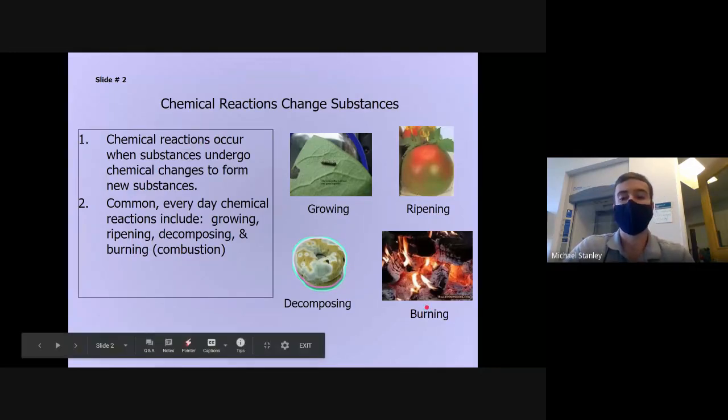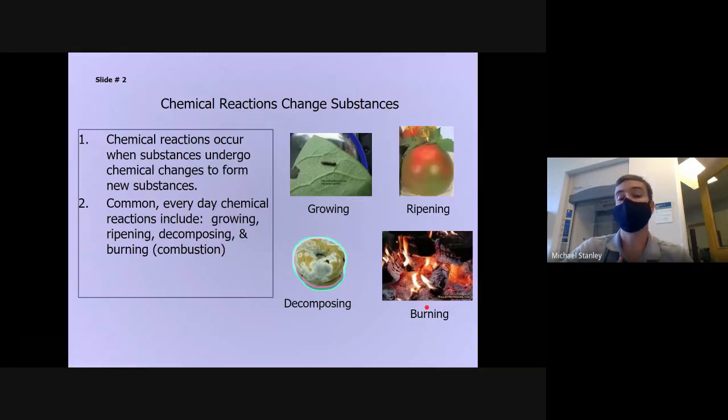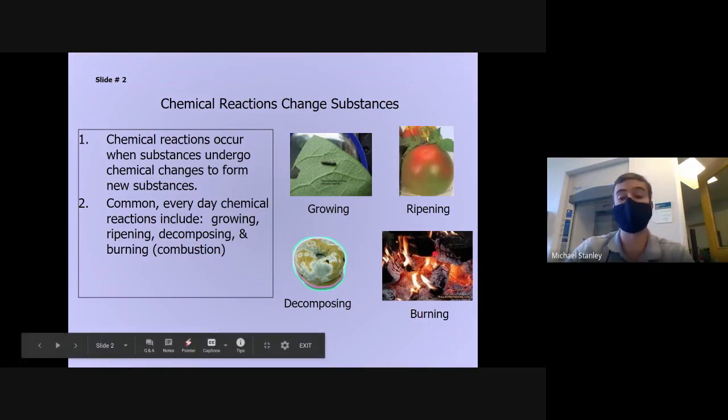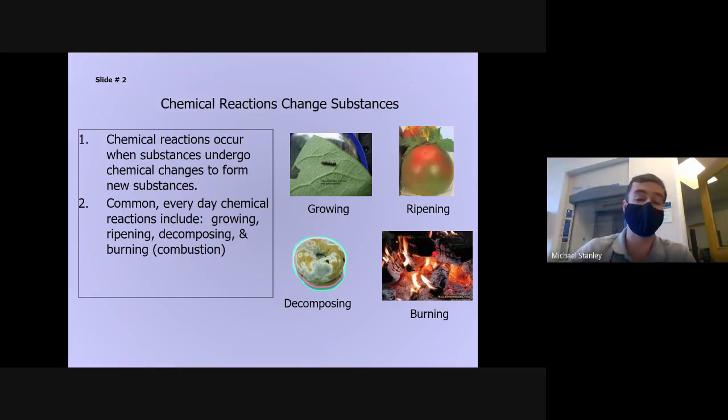In this case, we're taking wood and turning it into smoke and ash. The smoke coming up out of the fire is obviously a different substance than the wood that we started off with. Those are two different chemicals, two different sets of substances. So we must have had a chemical reaction in order to get that to happen. So it's all about change, all about forming new substances from our old substances.